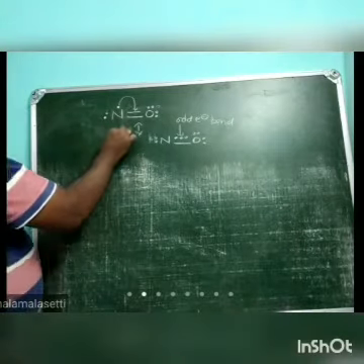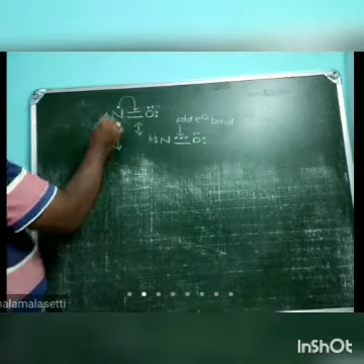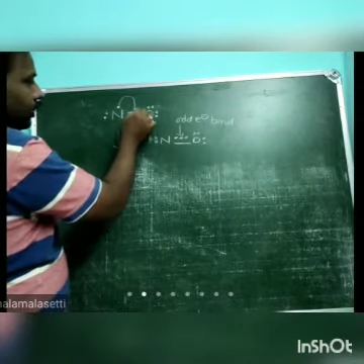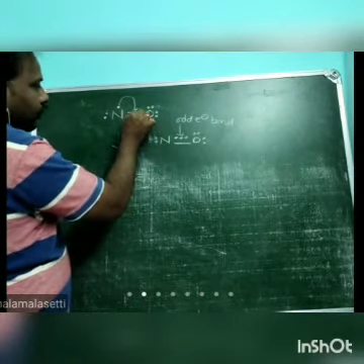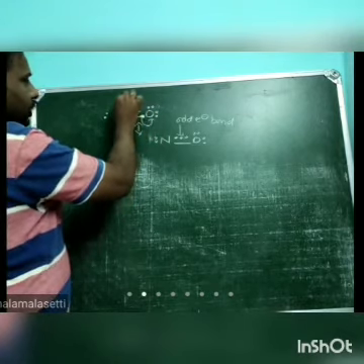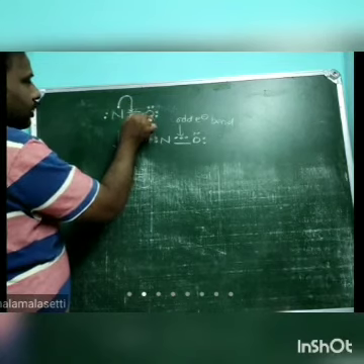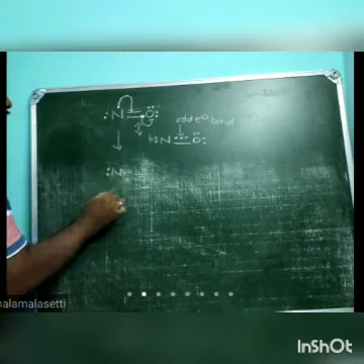And for this we write resonance structures. Sometimes this electron shifts to here, and this electron shifts to here. Single electron, not a double electron. When one single electron is shifted to here, then the structure will be like this.